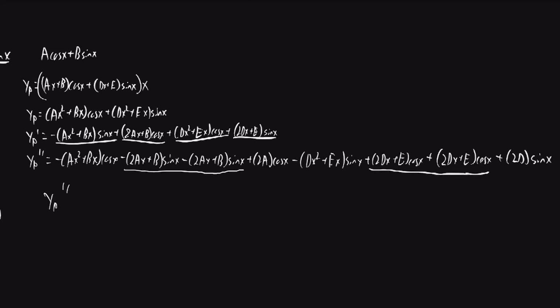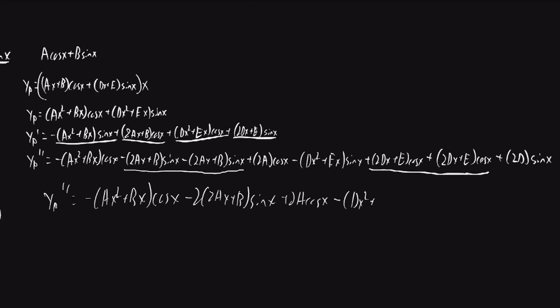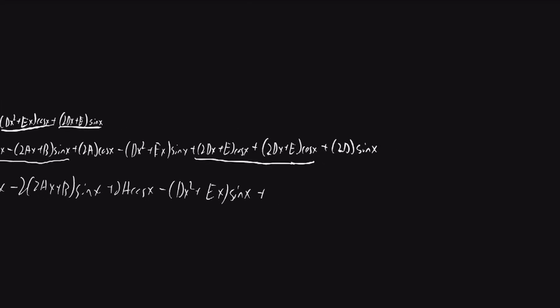So yp double prime will be equal to negative ax squared plus bx times cosine x minus 2ax plus b times sine x plus 2a times cosine x minus dx squared plus ex times sine x plus 2 times 2dx plus e times cosine x plus 2d times sine x.